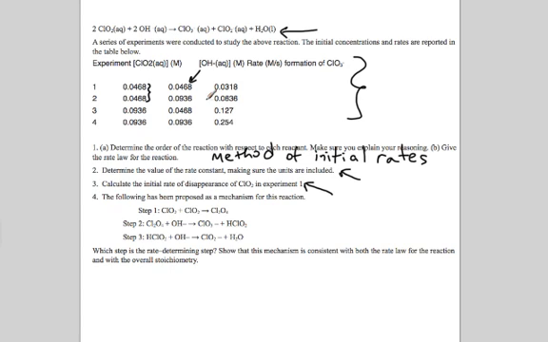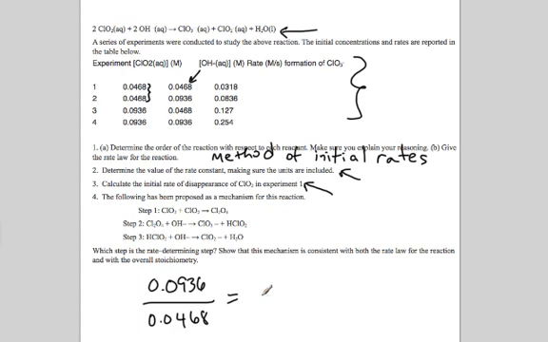All right, so I'm reminding you that for the method of initial rates, take what happens to the concentration. Always put the larger one over the smaller one. Then do the same thing with the rates and compare. So 0.0936 divided by 0.0468, and that is 2.